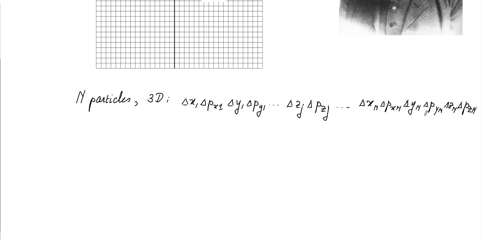And so in total, if we count the coordinates, we have 3 spatial coordinates per particle, and we have 3 momentum coordinates per particle. So in total, we now have 6N coordinates.